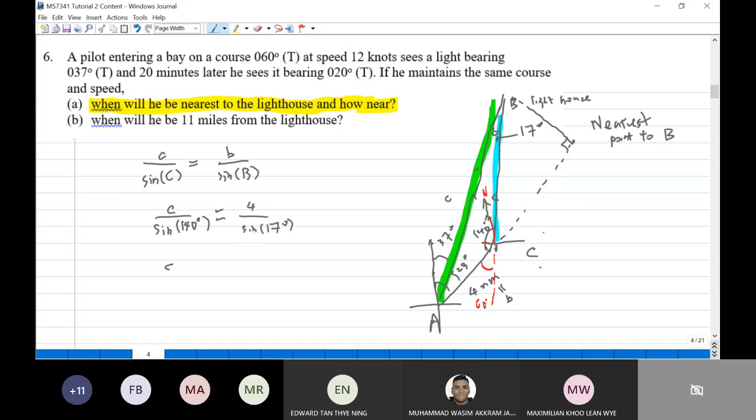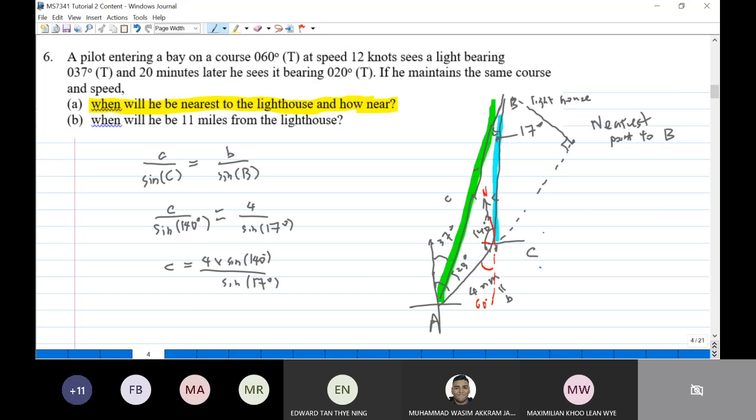So you can find out what side C is: 4 times sine 140 over sine 17. Okay, then press the calculator to find this. So you get 4 times sine of 140 degrees, then divided by sine 17.